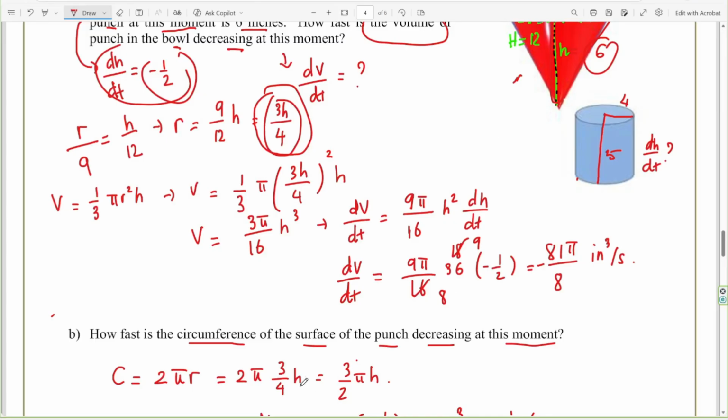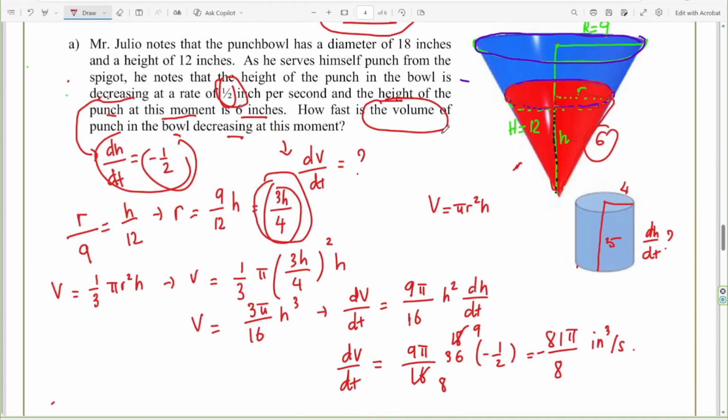Now remember, the volume of the cylinder is given by V equals pi r squared times h, right? And then remember, you have dV over dt is negative 81 pi over 8 from this guy right here, right? So if this guy is leaking, does that mean this guy right here is gaining, right?